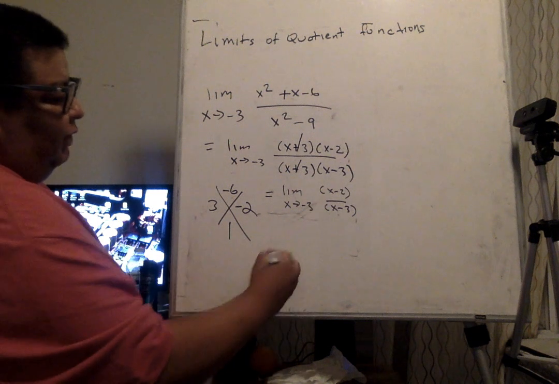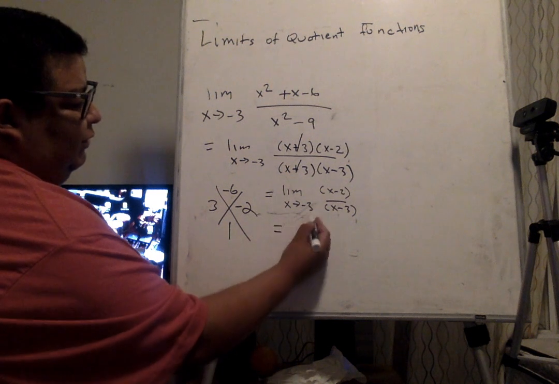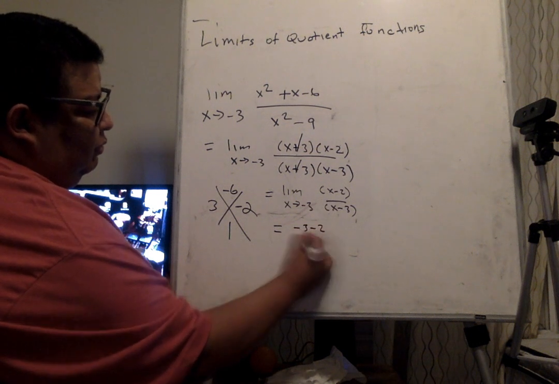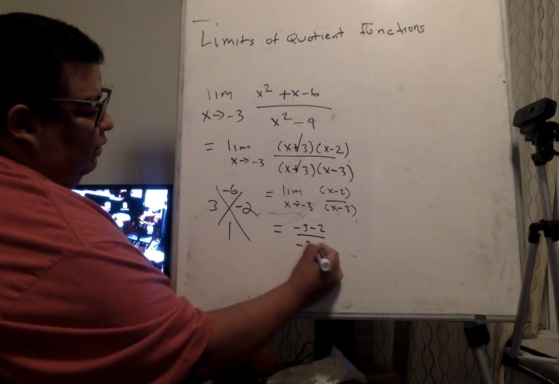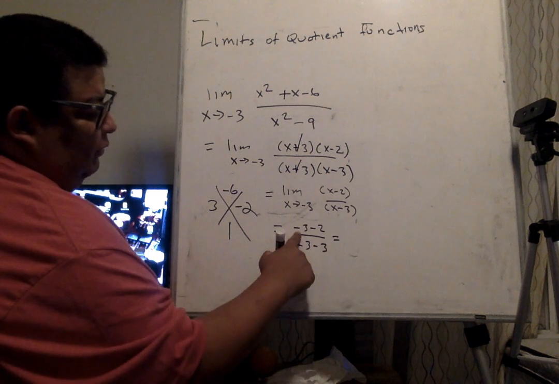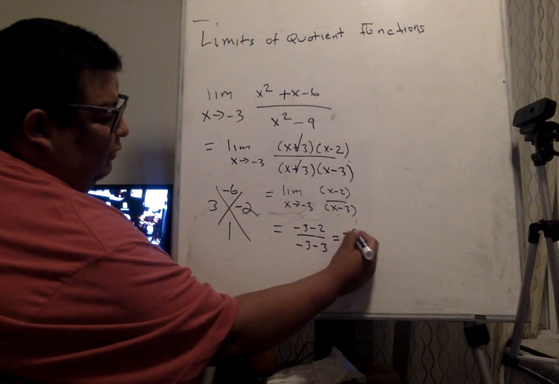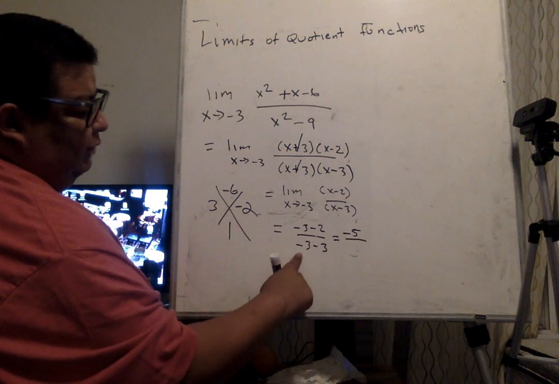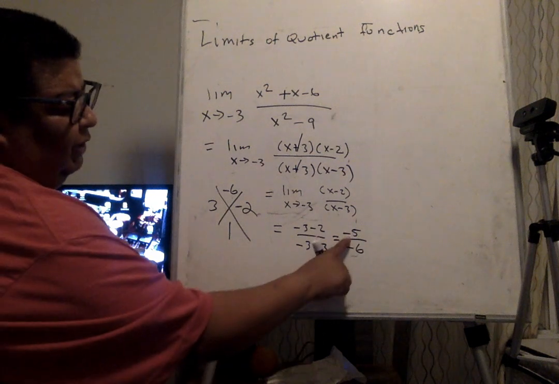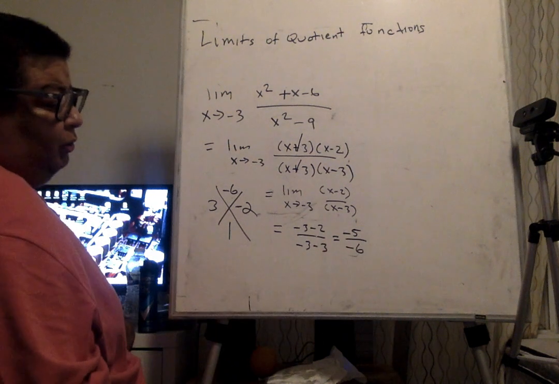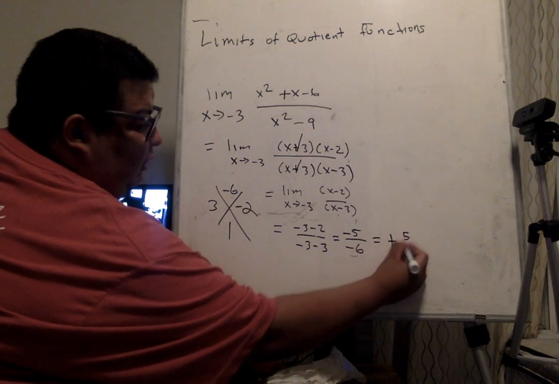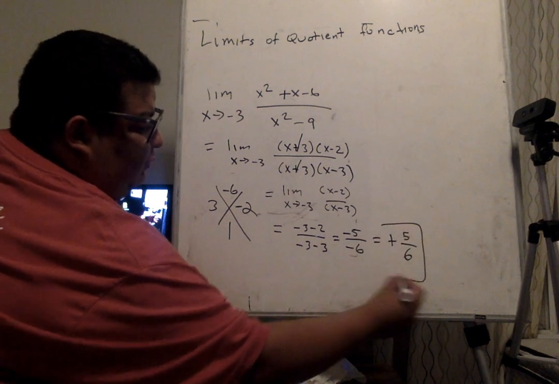Now we just do the final step, which is just to plug in negative 3 into here. That would be negative 3 minus 2 over negative 3 minus 3. That gives you negative 5 on top. Negative 3, negative 3, that's negative 6. Negative over a negative, that's positive, so that will be positive 5 over 6, and that's our final answer.